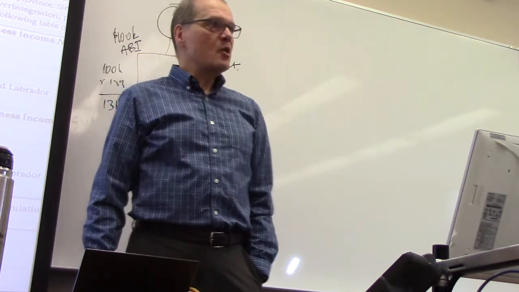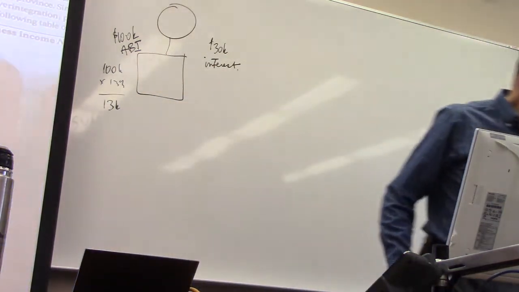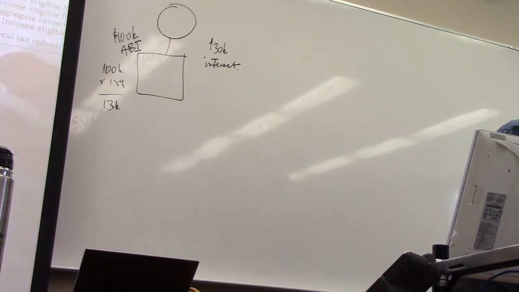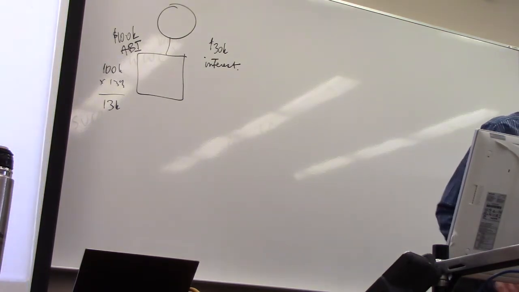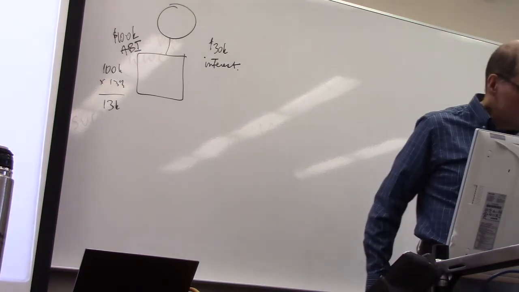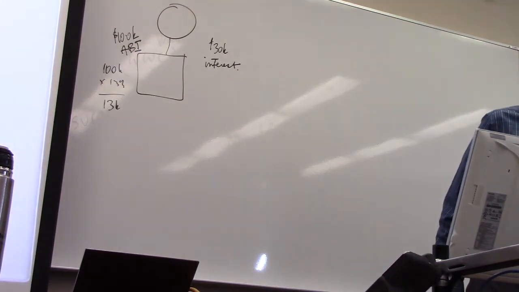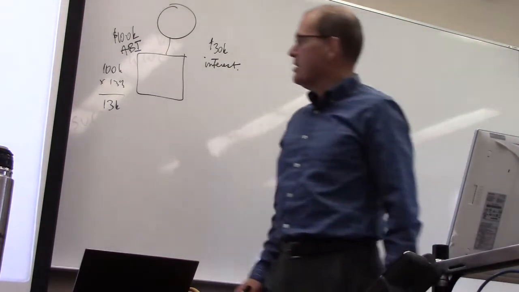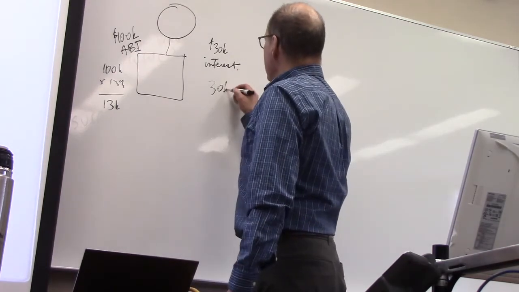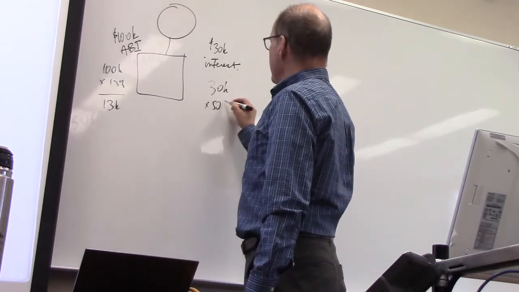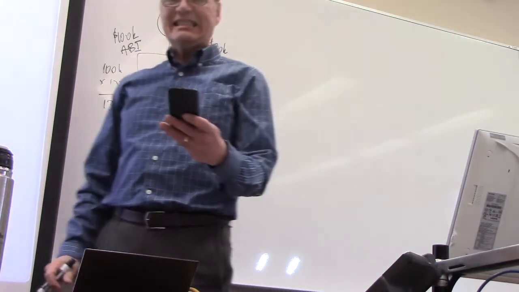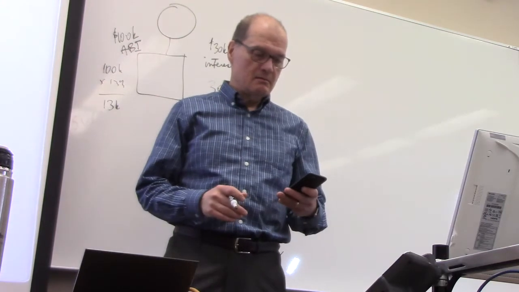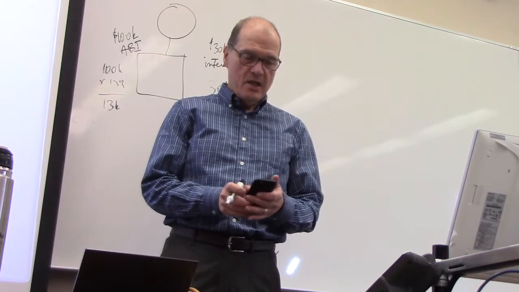Our SIB rate, now go to page 499. It's 50 2/3%. $30,000 times 50 2/3%. Anybody can do that math faster than I can?